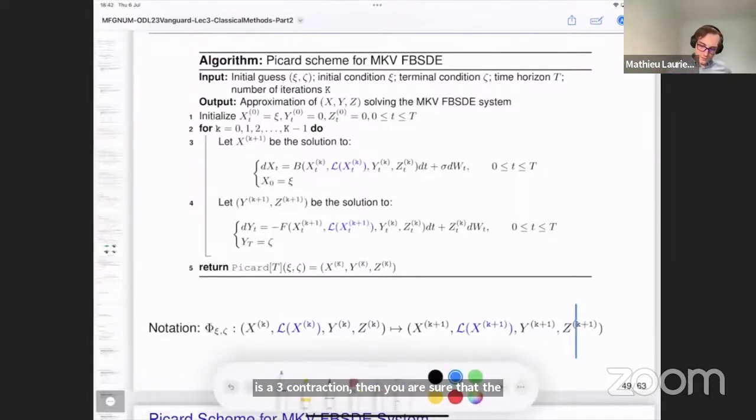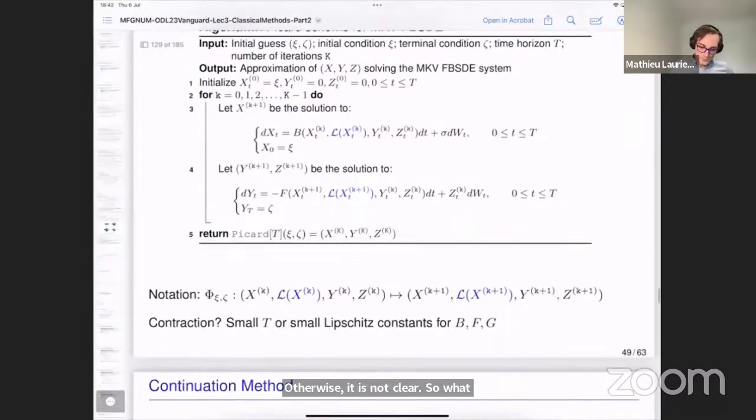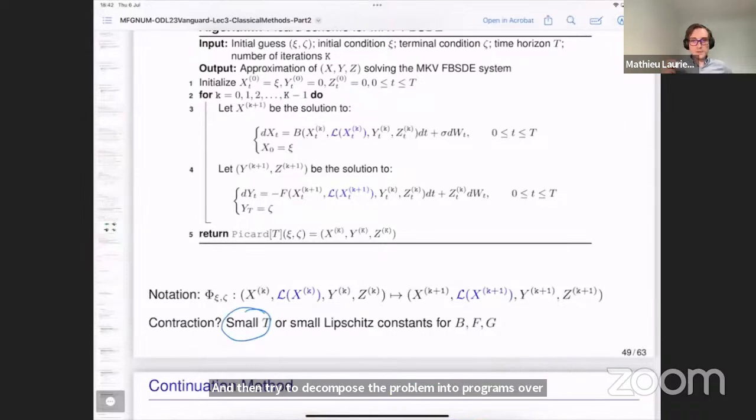So what the authors did is to use a small time horizon and try to decompose the problem into problems over shorter time horizons. Intuitively, if you split the problem into sub-problems with a very small time horizon, maybe these Picard iterations are going to converge on each sub-interval, and then you paste together the time intervals, and you get a solution for the global time interval.